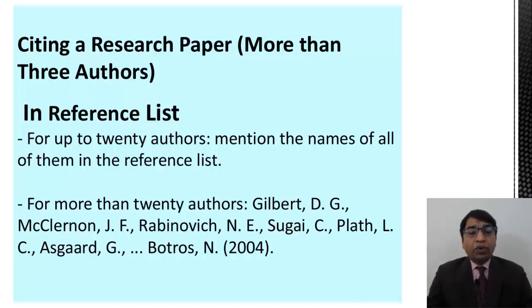If there is a research paper with 15 authors, 16 authors, 17 authors, you need to mention the names of all of them in the reference list. For more than 20 authors, you need to mention the names of 1, 2, 3, 4, 5, 6, and then give 3 dots actually, and then you need to mention the name of the last author, right?